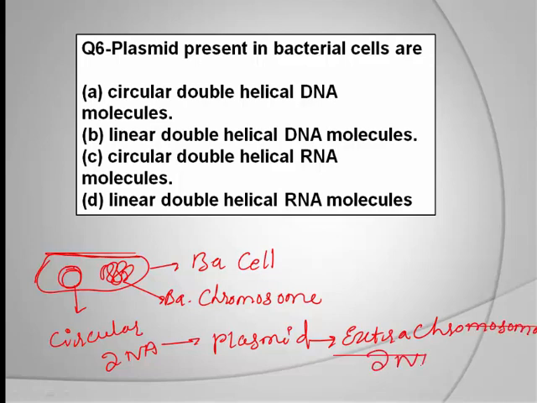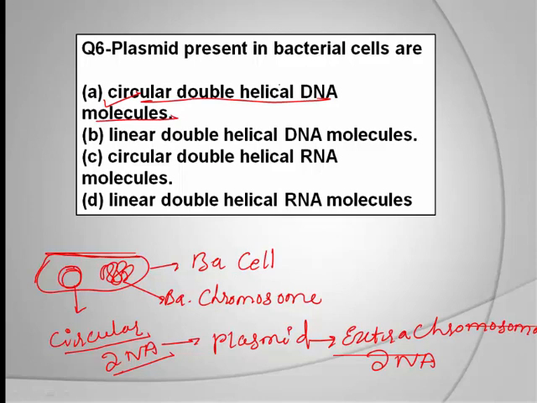Apart from chromosomal DNA, extra chromosomal DNA is present. And what is the shape of this plasmid? It is circular in shape and it is also double-stranded DNA. So the right option for this one is option A. Circular double helical DNA molecule present in the bacterial cell represents plasmid.